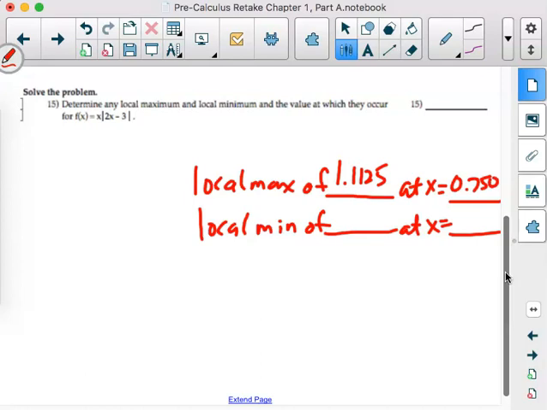And then a local min of, I'm going to come back to that one in a second, at x equals 1.500. Now the reason that I skipped that one is because if you find that, usually what's going to happen for that local min is that it's going to give you scientific notation, and it's going to give you a number and say e to the negative 7th, e to the negative 9th.